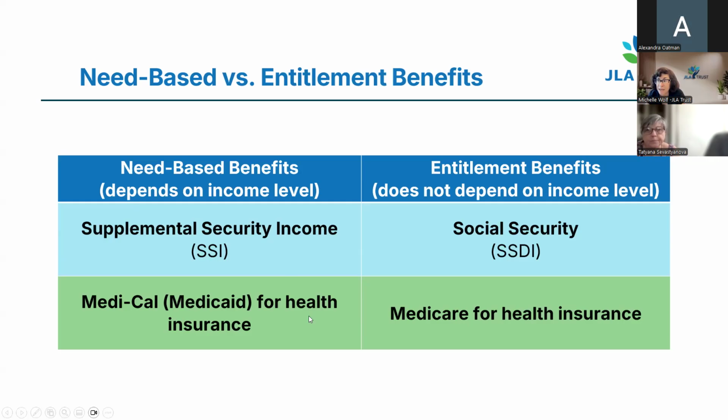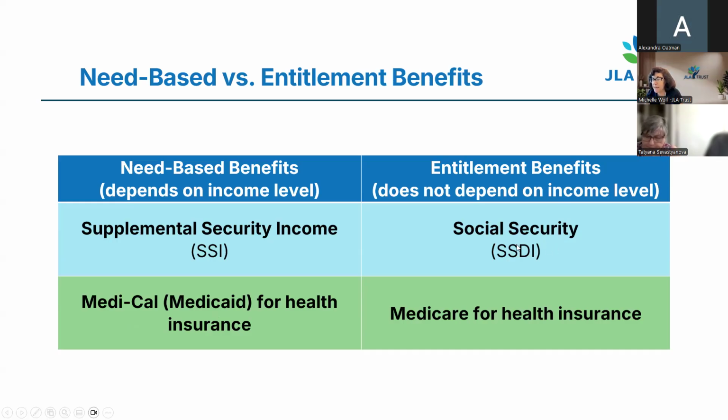But there are many younger people with disabilities who also qualify for Medicare. And then there is a federal health insurance program for poor and disabled people called Medicaid. And in California, we supplement the federal dollars, and California gives it a new name because we like to give things a new name, and we call it Medi-Cal.